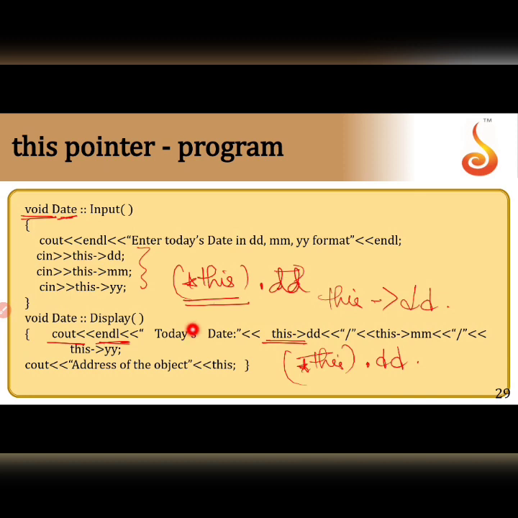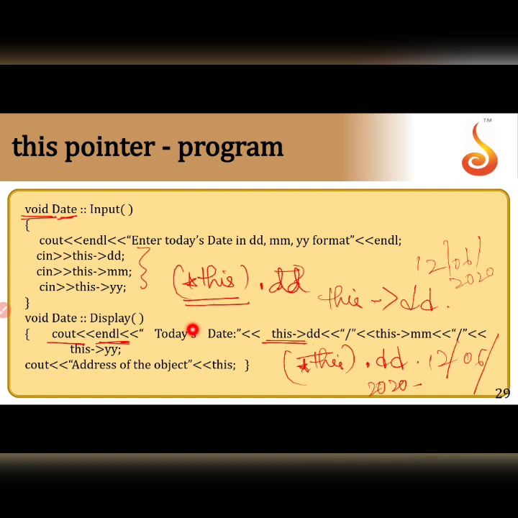Suppose I enter what is today's date? Today's date is 12/06/2020. So if I enter this, dd would be 12. After that, slash mm is 06. Slash yy is 2020.